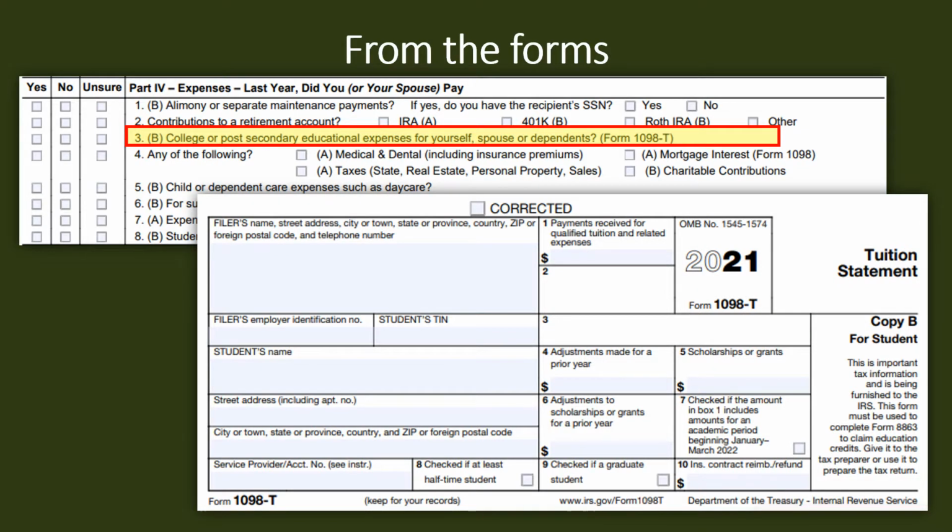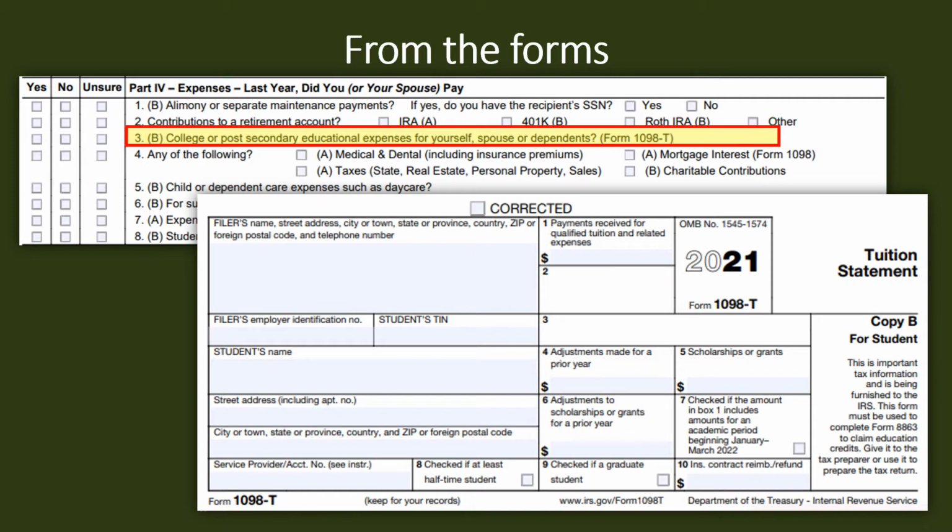Let's look at the forms as we like to do. So here we have our intake form, Form 13614-C. In Part 4, again, this is our expenses part, Question 3 is college or post-secondary educational expenses for yourself, your spouse, or dependents.